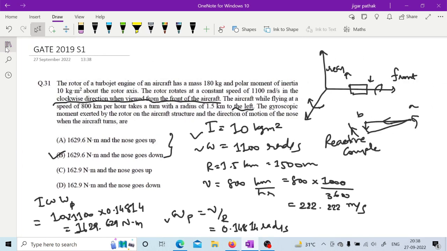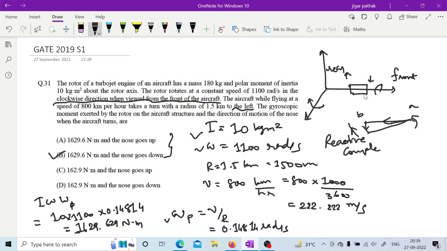See, here actually, as I have told you, see what is happening. Whenever you are having this particular clockwise direction from the front, remember what four cases we have discussed. When we are viewing from the rear, it will be anti-clockwise, right?